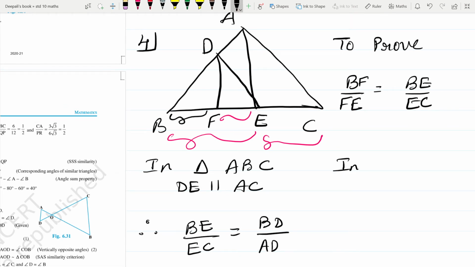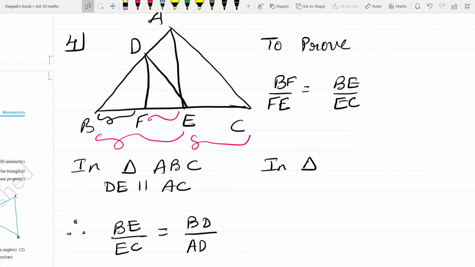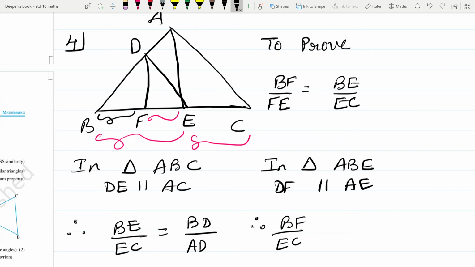And in triangle ABE, DF is parallel to AE. Therefore, BF upon FE is equal to BD upon AD.